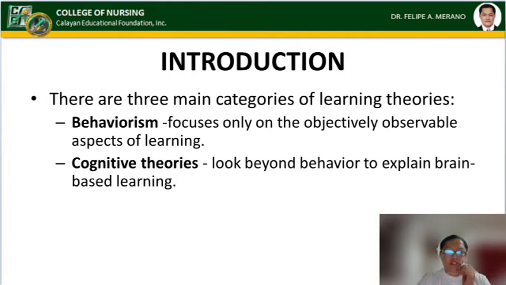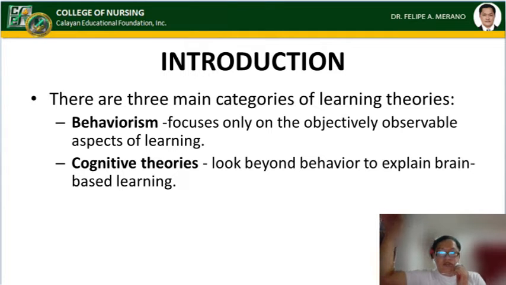Cognitive theories look beyond behavior to explain brain-based learning. As a nurse, we also need to improve or develop our thinking. And by developing our thinking, we learn a lot of things, particularly in the clinical setting as a nurse.